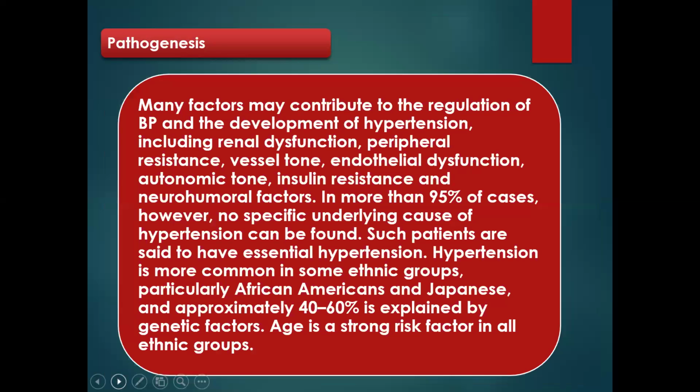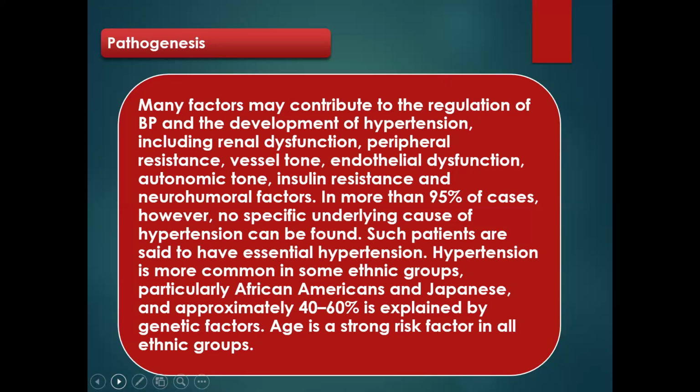Let's look at the pathogenesis. We've looked at the organ, how the blood flows in the heart. Many factors may contribute to the regulation of the blood pressure and the development of hypertension, including renal dysfunction. Kidney problem can lead to that because the kidney has a particular function in using its renin-angiotensin system to regulate the blood pressure and sodium-salt balance.